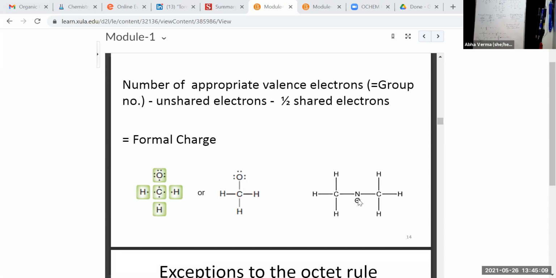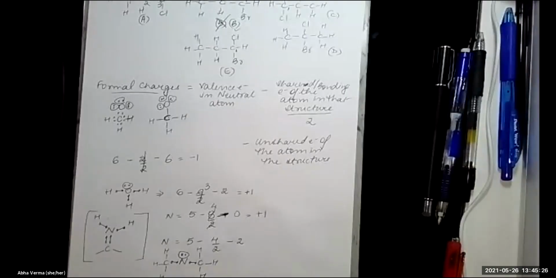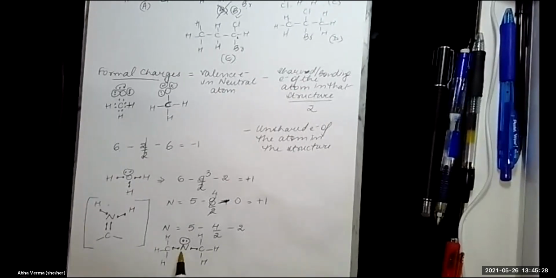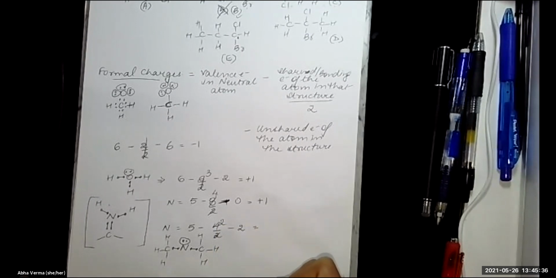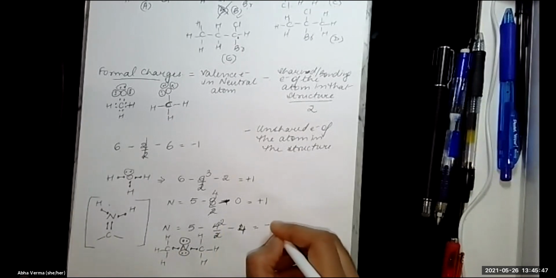Because we see the negative charge, we know it has to be 2. Otherwise also the structure will have something like this.